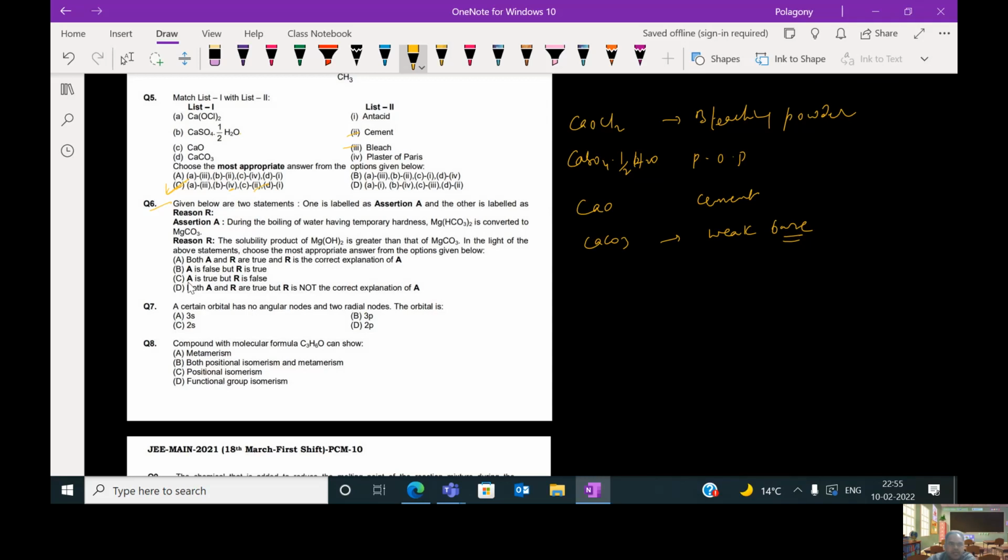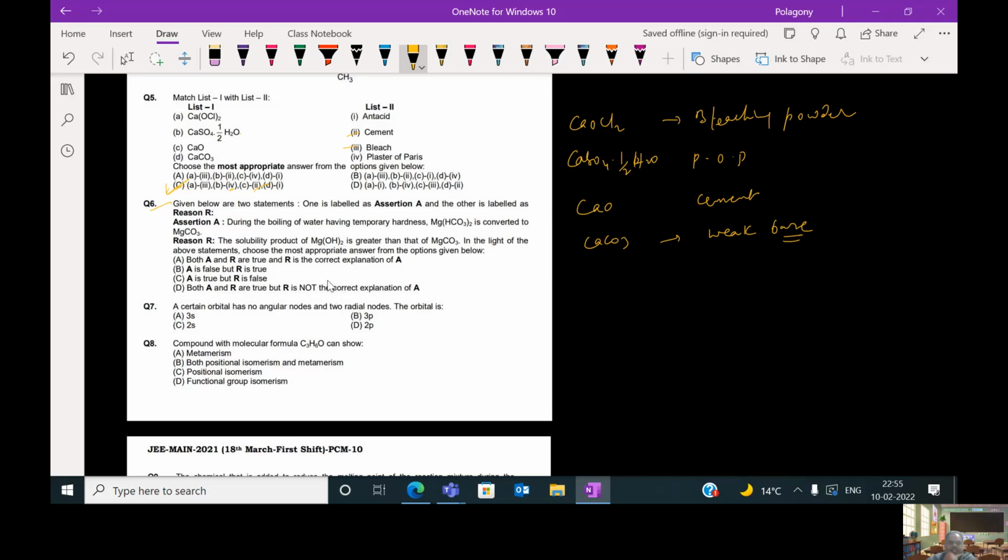The options are: both A and R are true but R is not the correct explanation; A is false and R is true; A is true and R is false; both A and R are true.